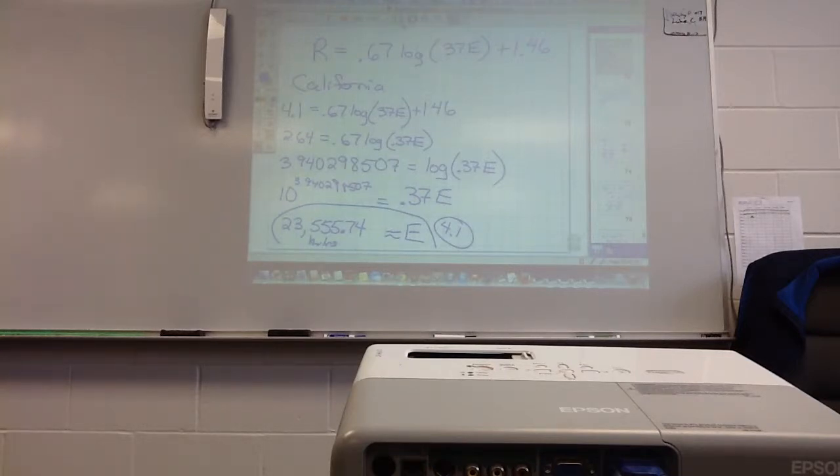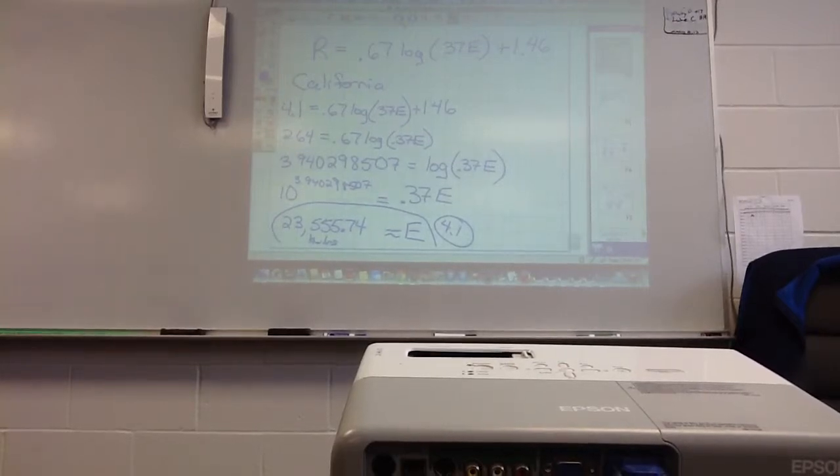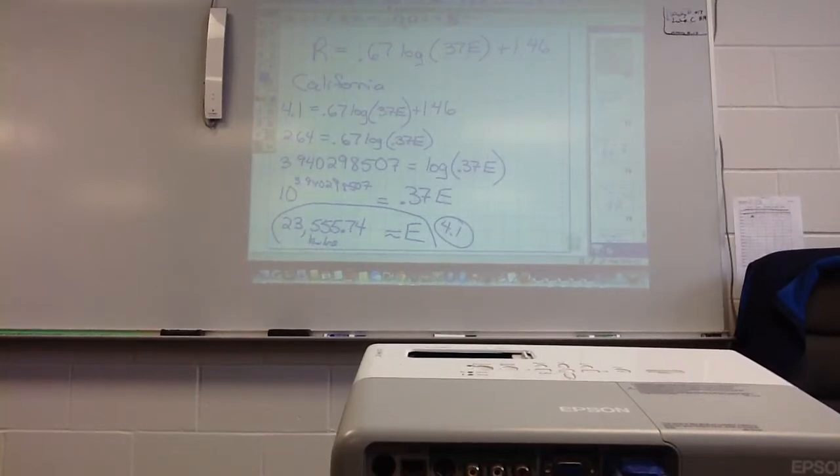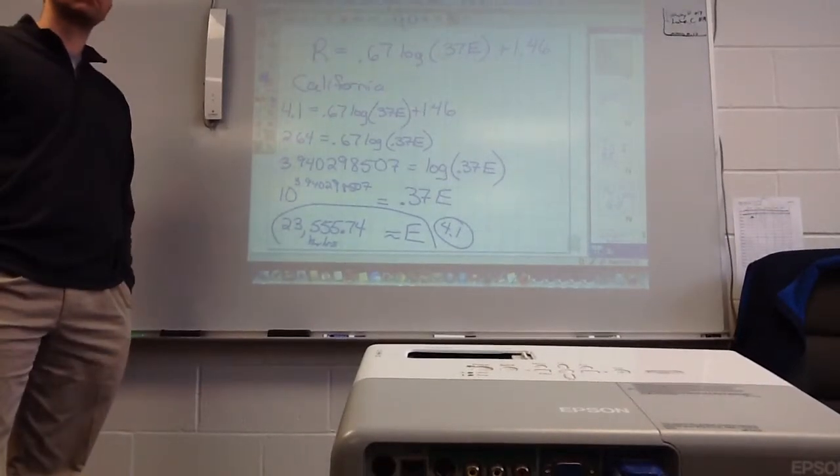Supposed to do 6.6 for that. The other one in Japan. Pretty sure Japan's had more than 10 raised to this. California's had more than 4.1. It's just Japan didn't actually have one. Japan was the ocean.